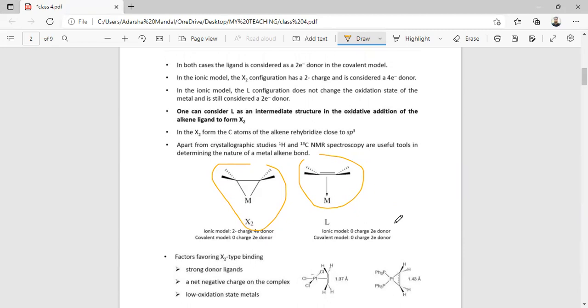In the L type mode, in both ionic and covalent methods, the alkene ligand donates 2 electrons to the metal center. But in the X2 type mode, the alkene ligand donates 2 electrons in the covalent method, and in the ionic method it donates a total of 4 electrons to the metal center.